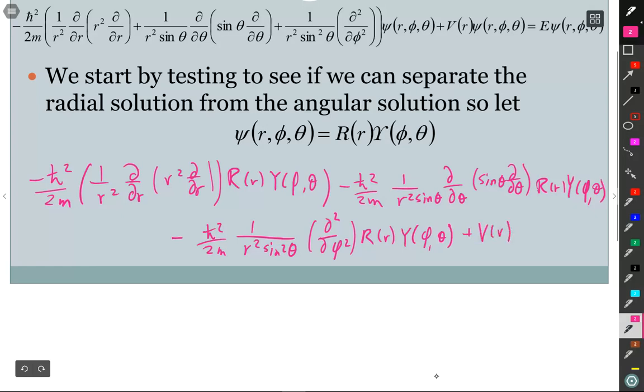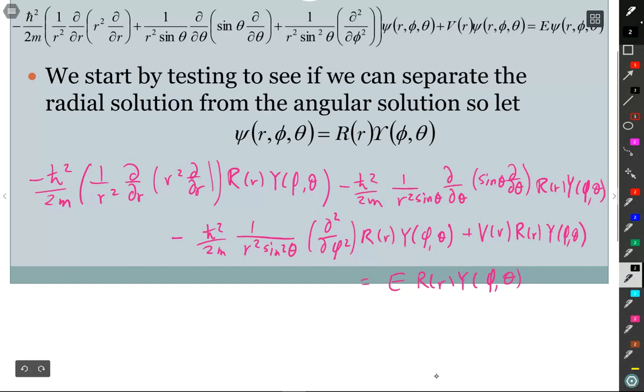Our v sub r, we've already seen its function. There, I've put the whole thing in.